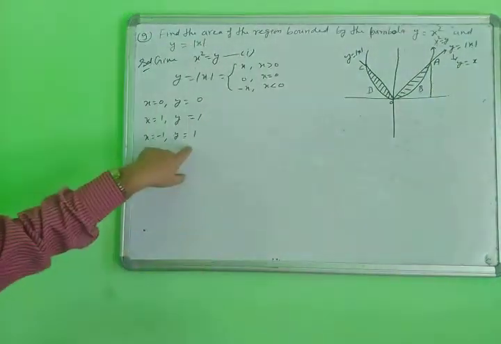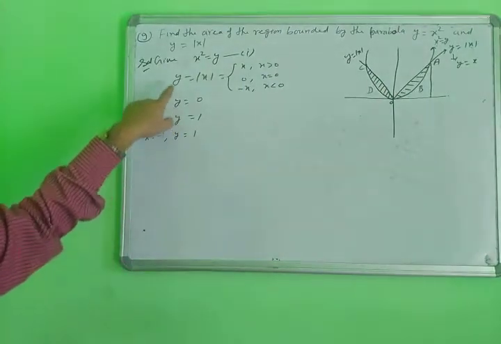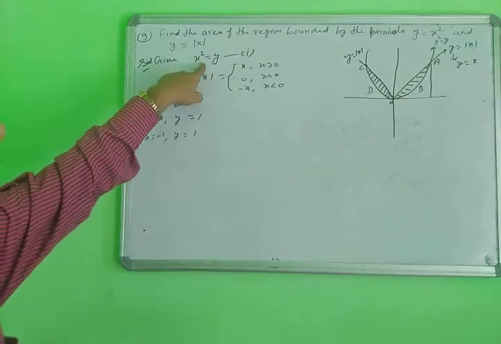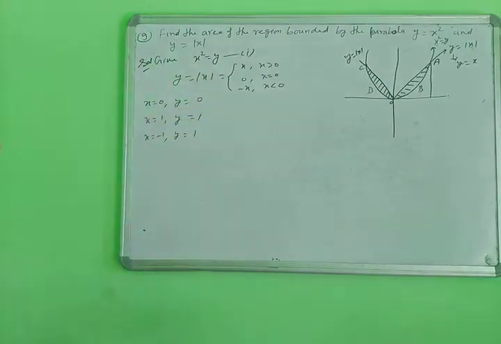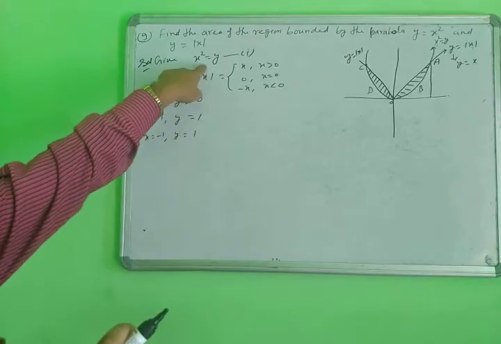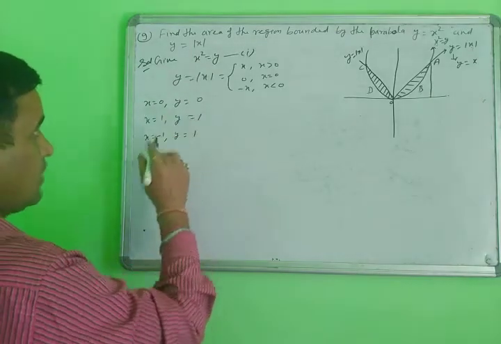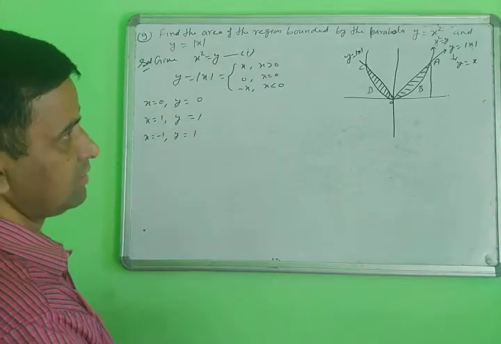Now the intersecting point, the coordinates of A, the intersecting point of the curve and line. Suppose you put the value y equal to x here. What will you get? When you put y equal to 1, x equal to 1.